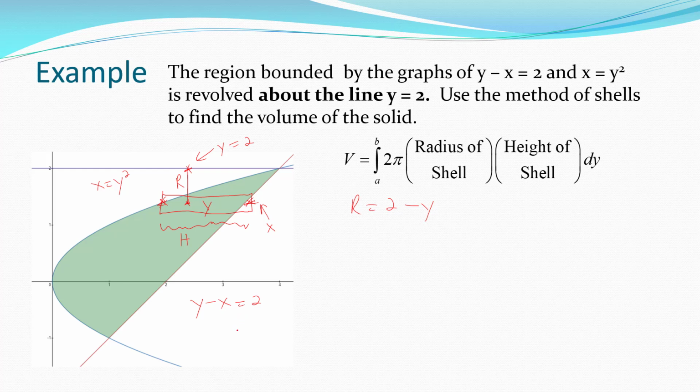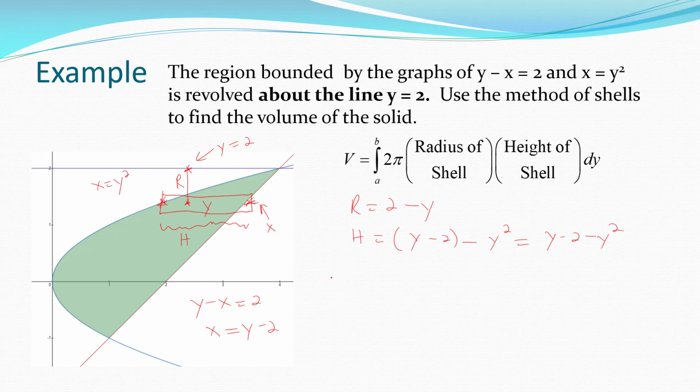So I just need to solve this for x to get x equals y minus 2. I would then find the height to be the larger x value minus the smaller x value. That gives me y minus 2 minus y squared.